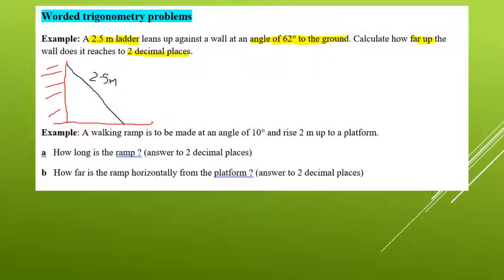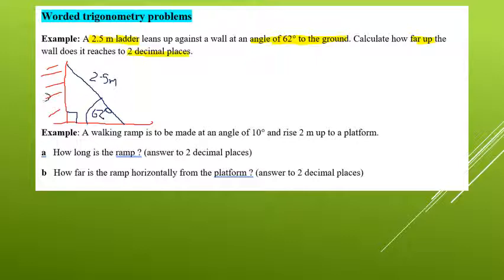Okay, we make a little assumption here, the ground and the wall meet each other at right angles. So here you can see I have my right angle triangle. Also we're told that the ladder leans up against the wall but makes an angle of 62 degrees to the ground. So that's down in here, 62 degrees, because it's making the angle at the ground. Okay, and what are we asked to find? How far up the wall does it reach?